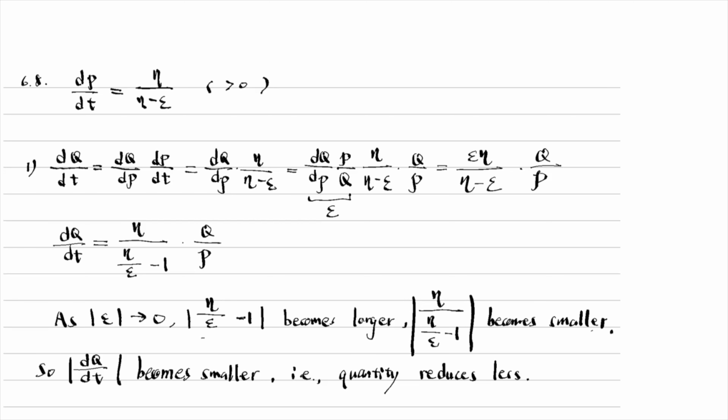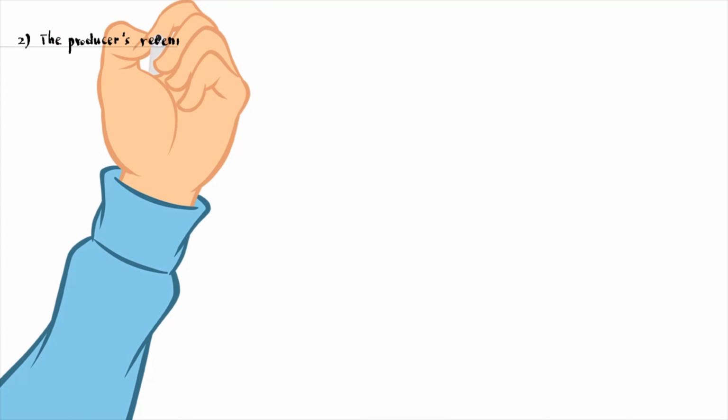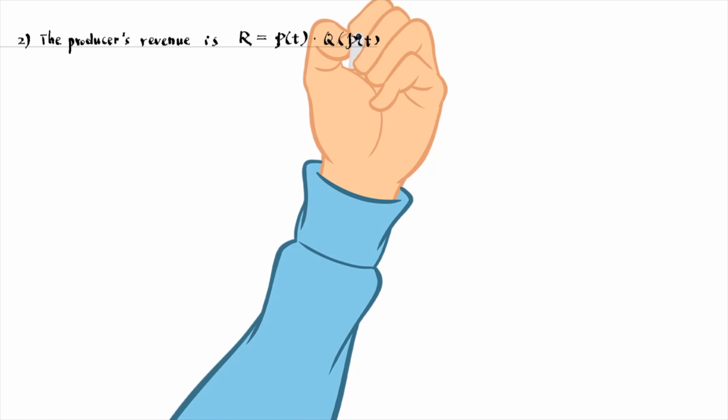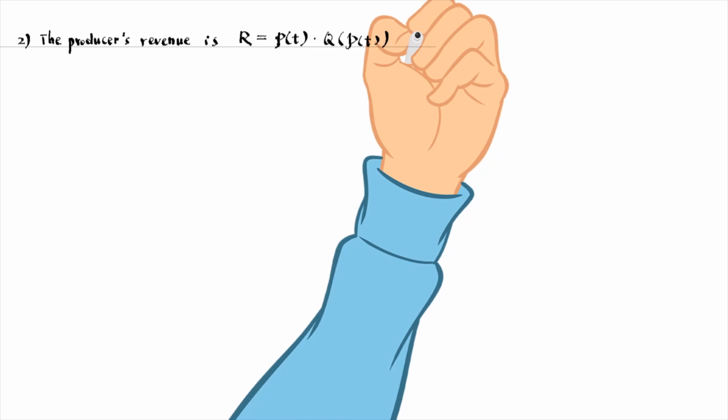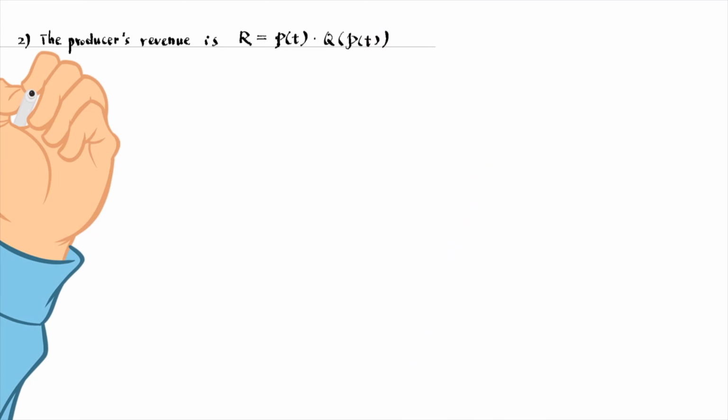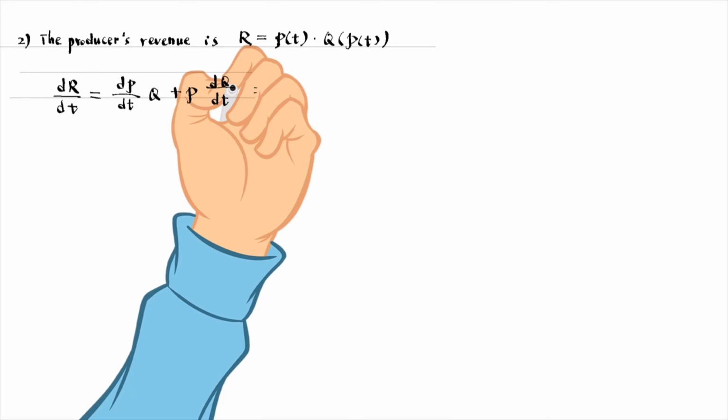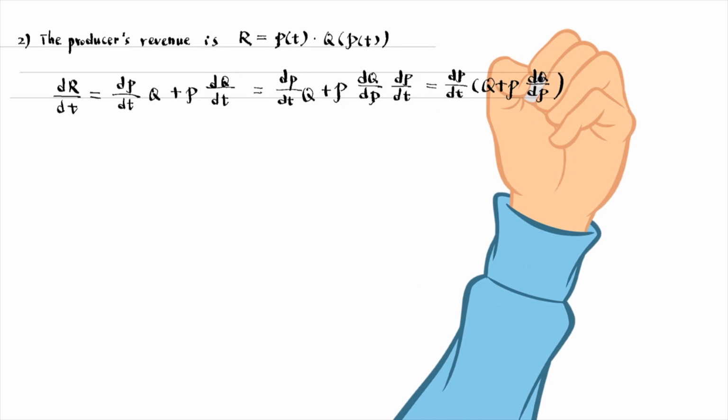In the second step, we consider how the tax affects the firm's revenue. The firm's revenue equals the equilibrium price times the equilibrium quantity. Using the chain rule, we have the change in the revenue with respect to the change in tax as follows.